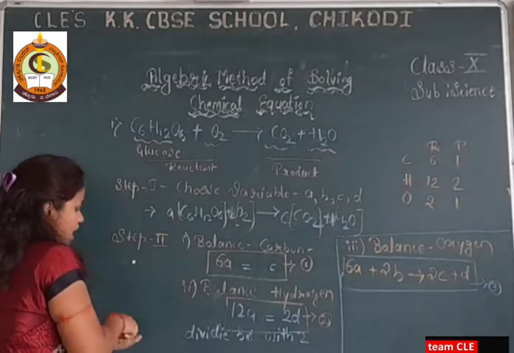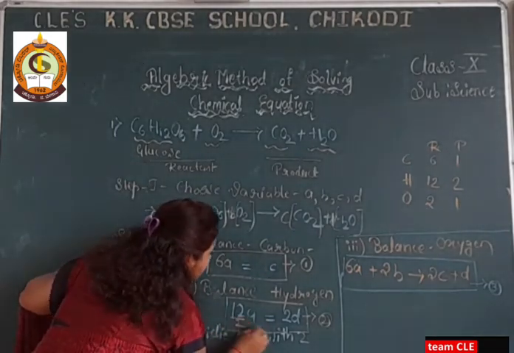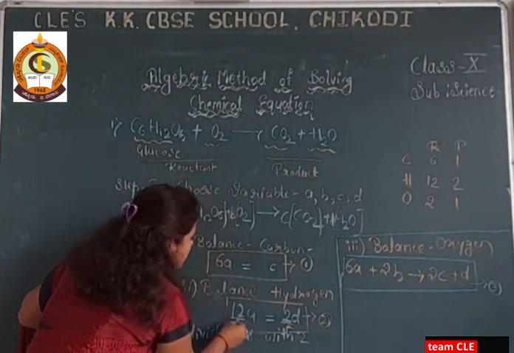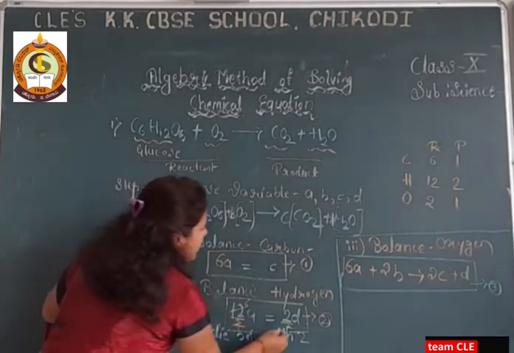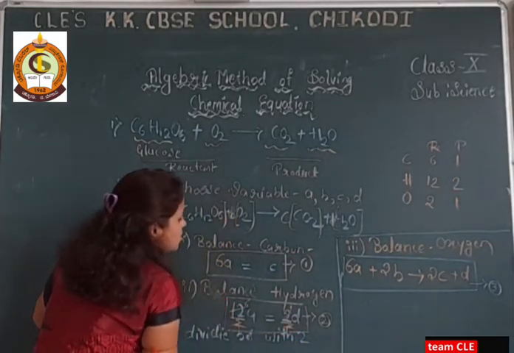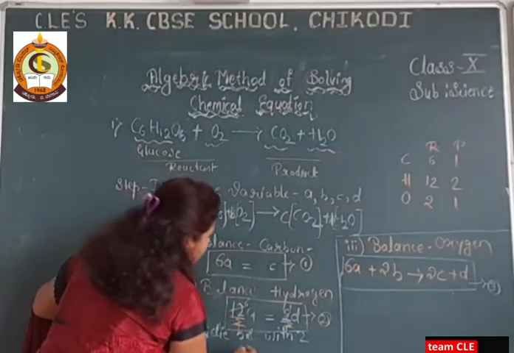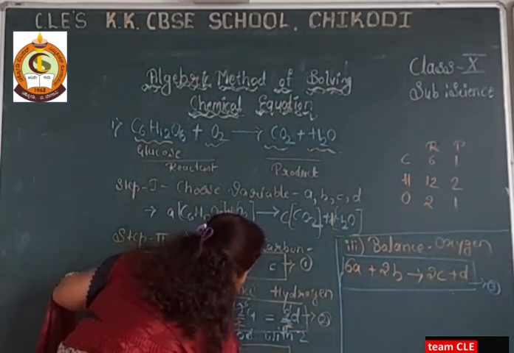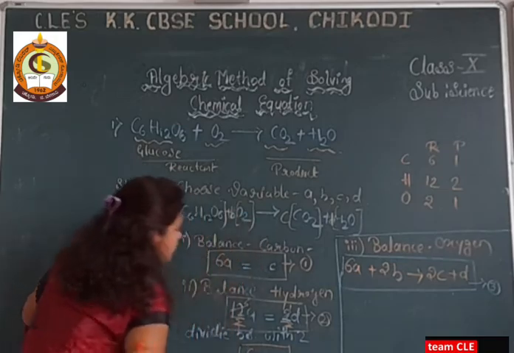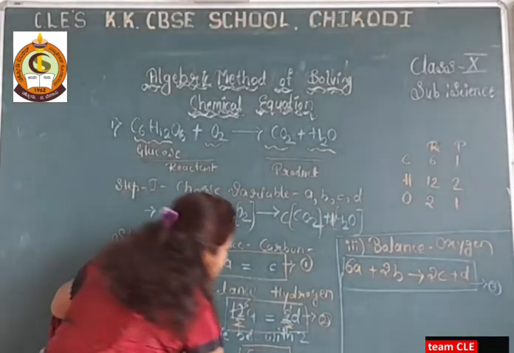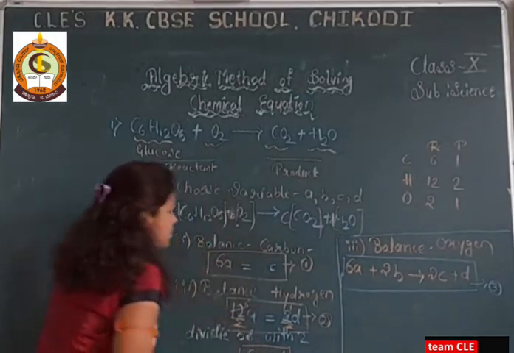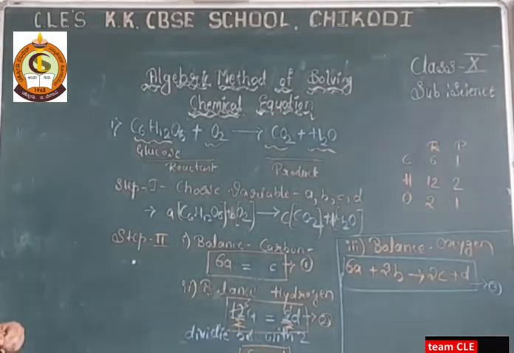After dividing by 2, what will you get as an answer? 2 sixes are 12 and here 2 ones are 2. So here 1D. So now this will be 6A is equal to D.